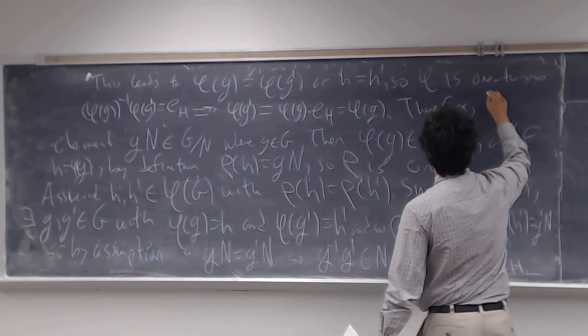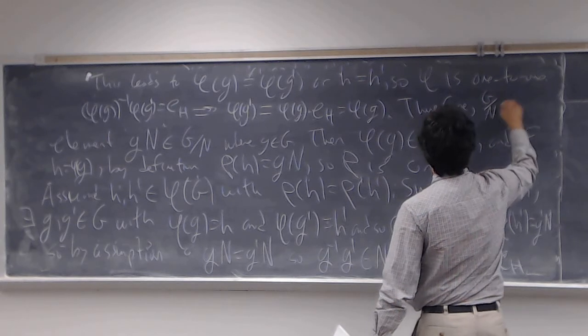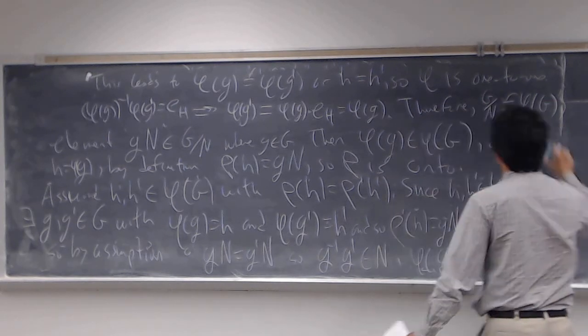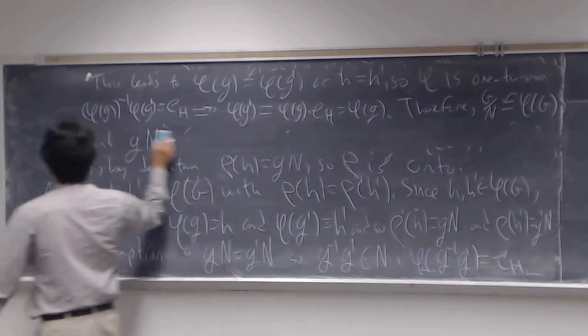Therefore, G mod n, that factor group, is isomorphic to phi of G, which is the statement of the theorem.